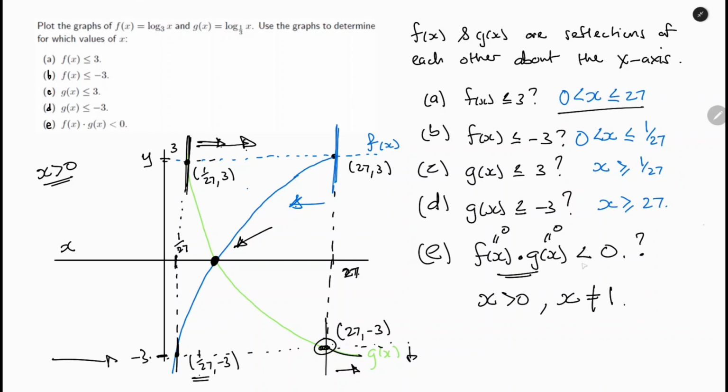But of course we're not looking for less than or equal to, we're looking for strictly less than, so we cannot include this value of 1. That's why we specify x is not equal to 1. Otherwise we can see that any other value in this whole section here is going to work. Okay, and that is the answer for question E, and that does bring me to the end of this video.